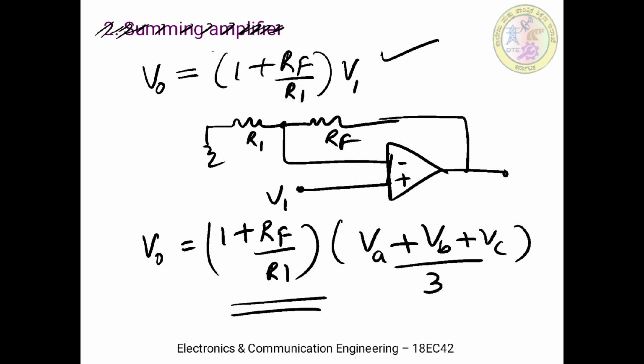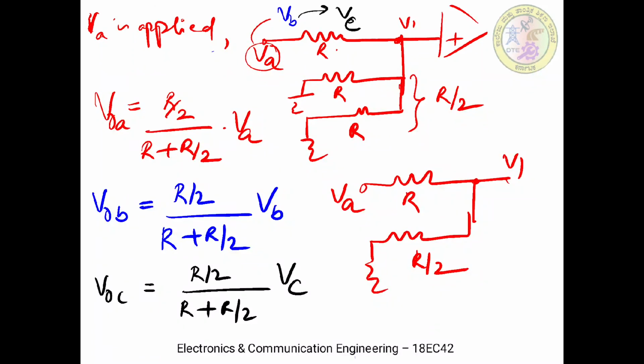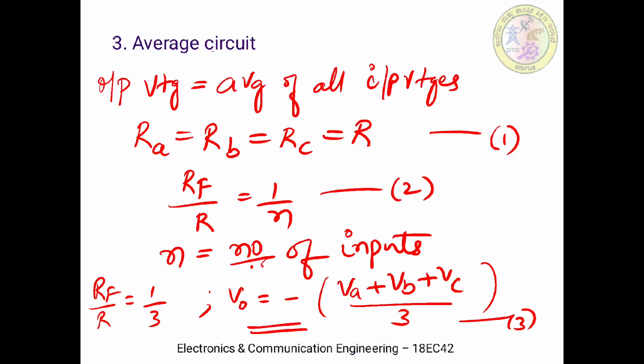Even in the case of the inverting configuration, we have derived the V0 expression. In this case V0 is equal to (VA plus VB plus VC) divided by 3 when the gain is equal to 1. Now we can compare this equation with the inverting configuration, equation 3, which also has (VA plus VB plus VC) divided by 3.